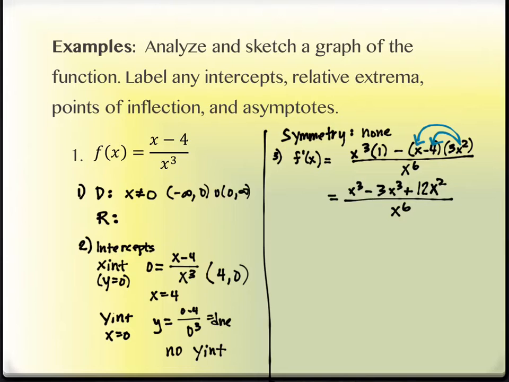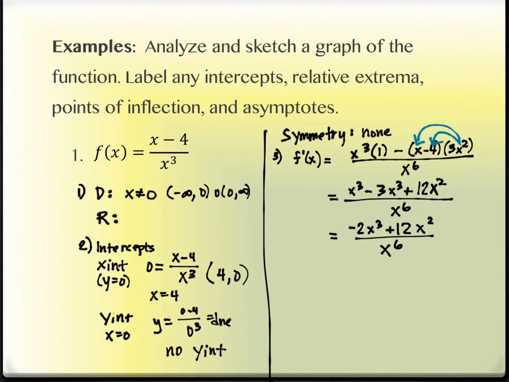All right. So the first two combine. This would be negative 2x cubed and positive 12x squared over x to the 6th. Could you see anything that we could reduce, simplify, clean up at all? Take the x squared out.